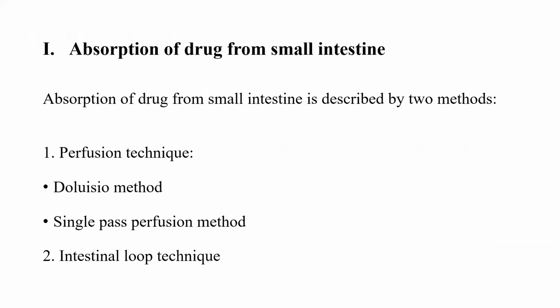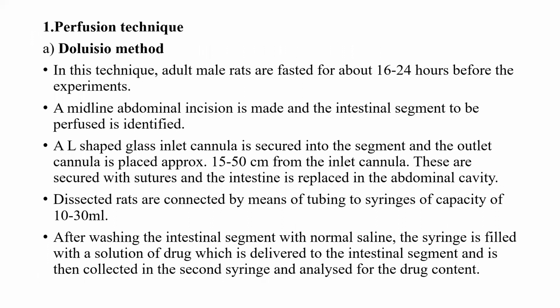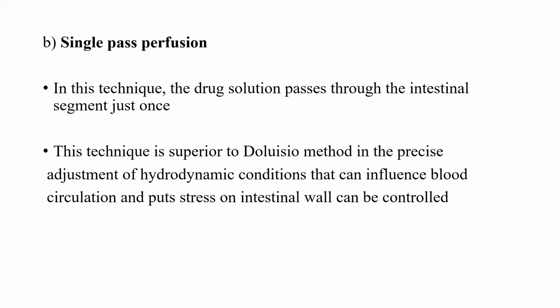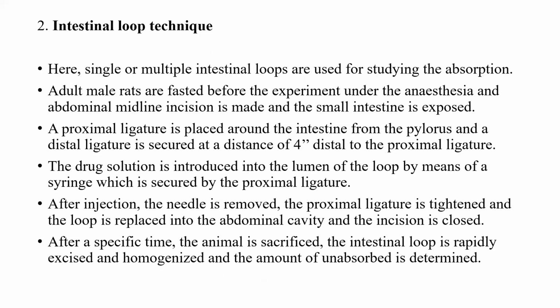So you can learn the absorption from the small intestine by these methods, perfusion techniques and intestinal loop techniques. These are the in situ methods which are used. In perfusion techniques, there are the Doluisio method and the single pass perfusion method. There is also the intestinal loop technique. We will discuss these things in detail.